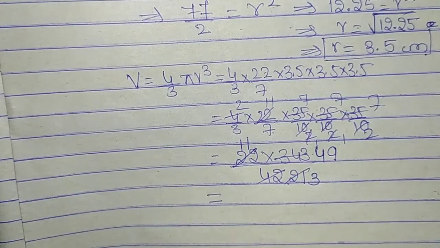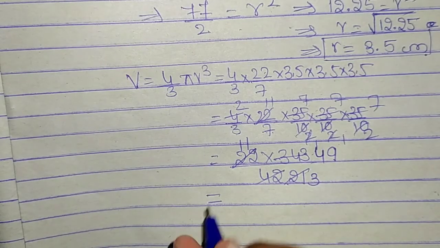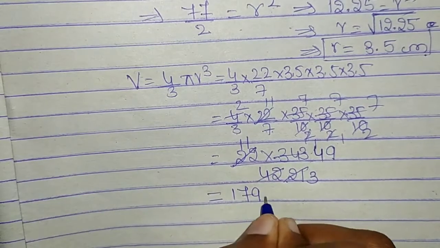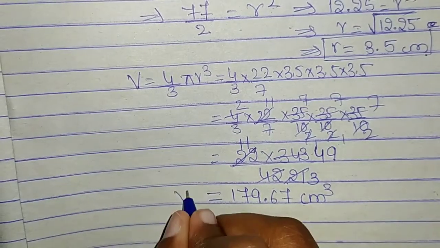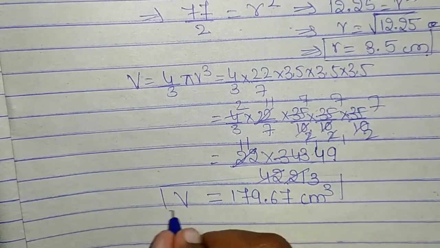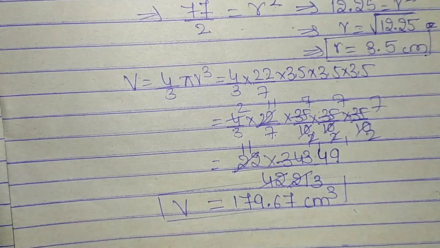Since we have eliminated all the values, 49 into 11 is equal to 539 divided by 3, which is equal to 179.67 centimeter cube. This is the volume of the sphere whose surface area is 154 centimeter square.